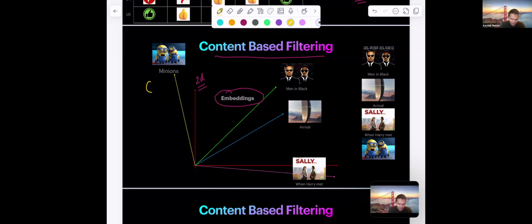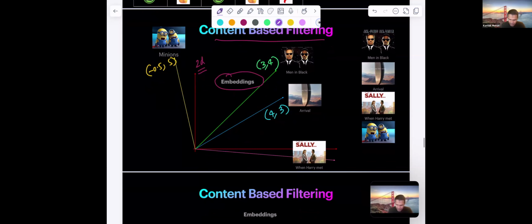So this might be like, I don't know, minus 0.5 comma 5 or something, and then this might be 3 comma 4. This might be 4 comma 3, and this might be, I don't know, 7 comma negative 0.5.